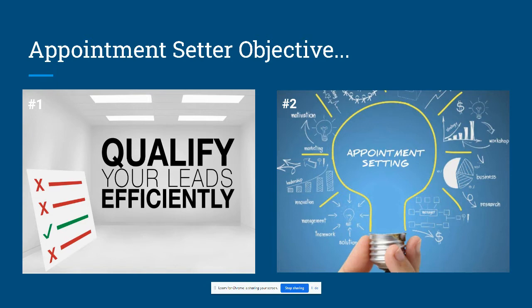And if they do, you can set that appointment, and that is your second objective, right? So ideally, the appointment setter is the first line of defense for this company. You guys are the ones going out there, calling up the businesses, making the initial contacts and evaluating whether or not we can actually get them some better coverage, or whether they're even an option for it, right?